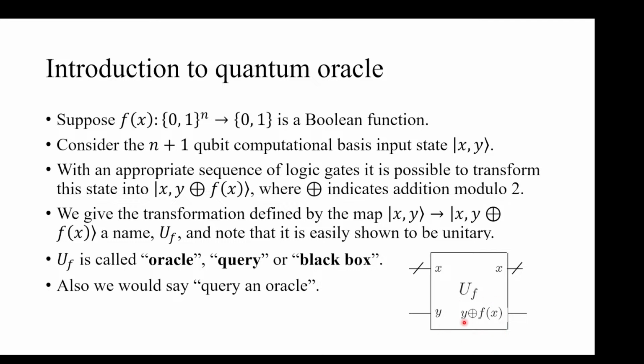So y becomes y ⊕ f of x, where ⊕ is there because we know this is a 1 bit register, or 1 qubit register. So y is on the computational basis 0, 1, and you have this addition modulo 2, or XOR, between y and this 1 bit output f of x. So this is our quantum oracle for the function f of x.